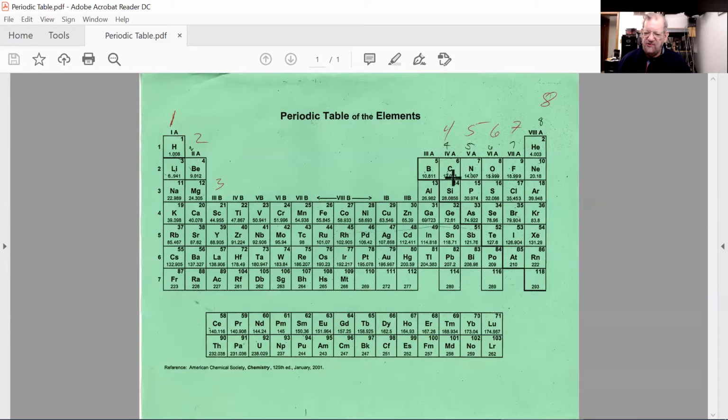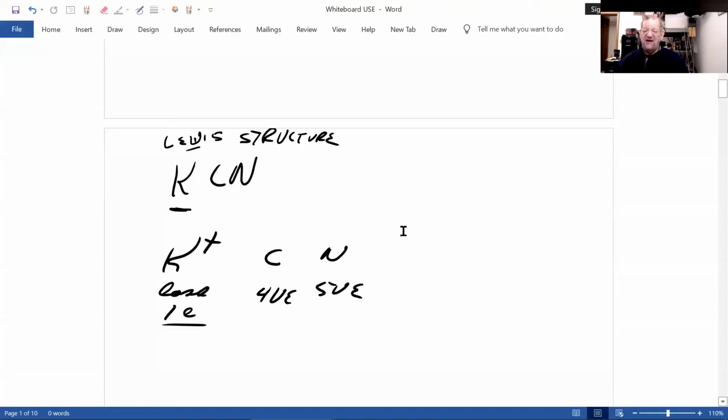We're doing Lewis structures of molecule. We need valence electrons. You look at the top and you see 4 valence electrons for carbon, and nitrogen's right here. Look at the top, 5. By the way, V is Roman numeral for 5. IV is Roman numeral for 4. Oh, good news. I wasn't lying to you. I got it right.